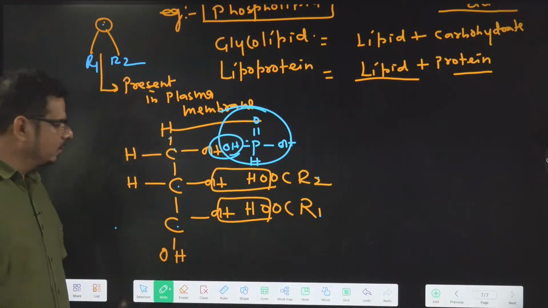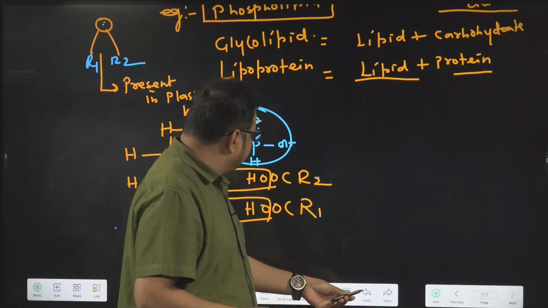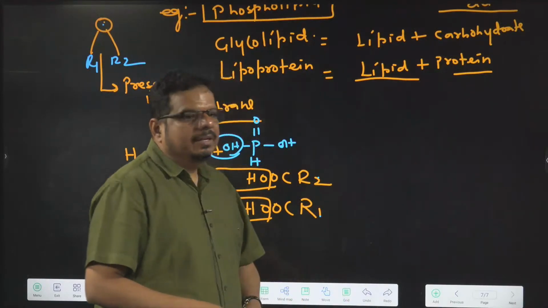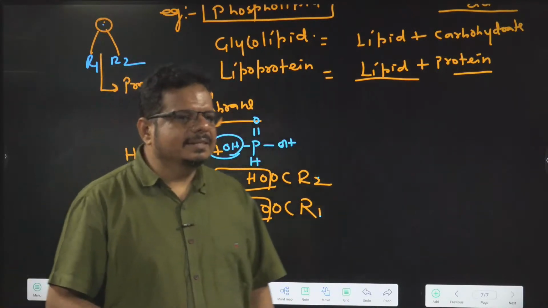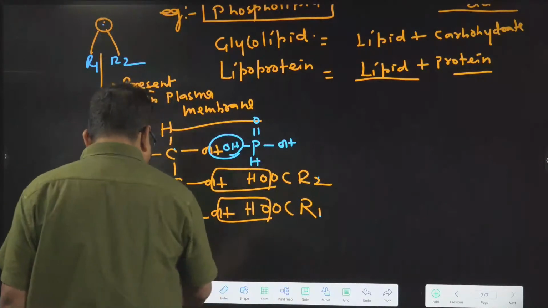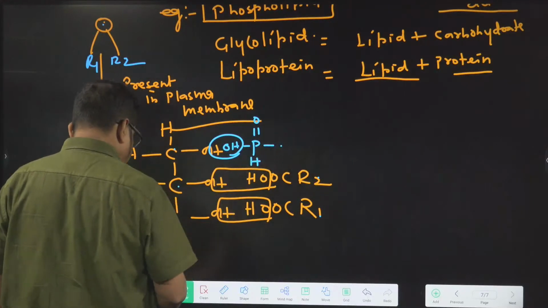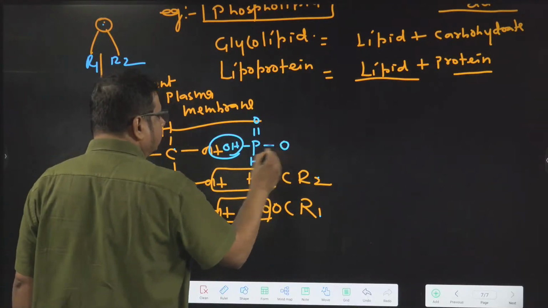And now NCERT wrote an example of phospholipid. What example is written in NCERT? Lecithin. Lecithin is an example of which kind of lipid? Phospholipid. How to write the structure of lecithin? Look here. Here it is phosphoric acid.